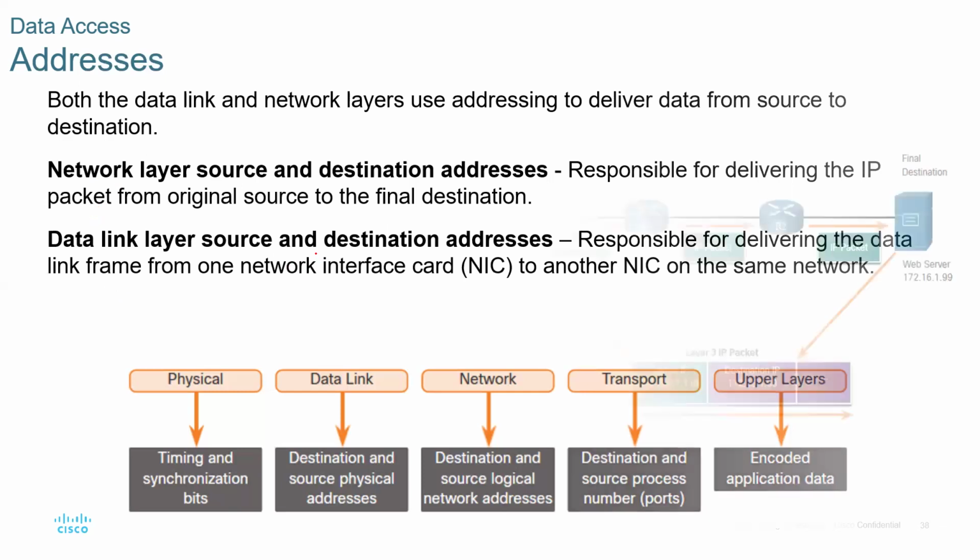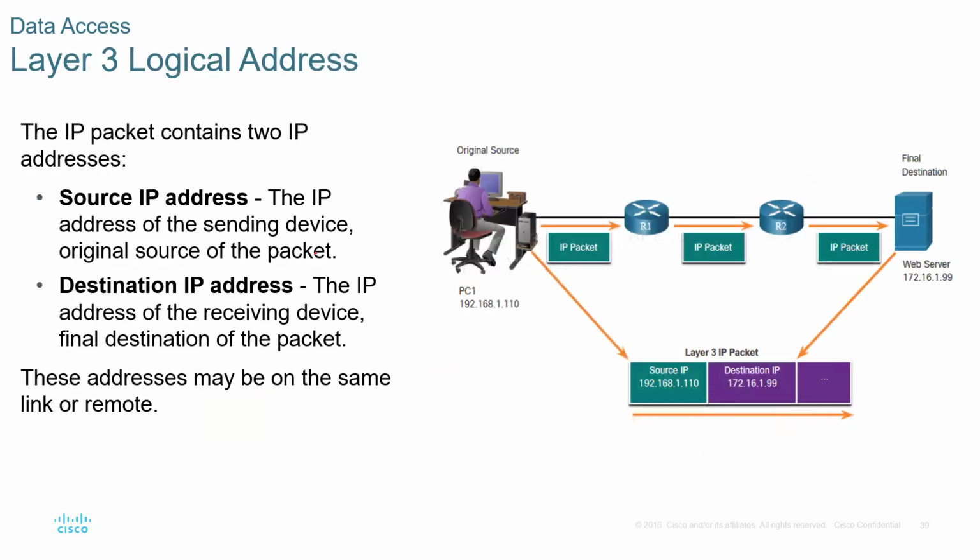So two types of addresses that we mainly have. Layer 3 addresses: we have the source and the destination IP. In this example, the source and the final destination. The source is the one sending the information, identified using this IP address, and the server is identified using that IP address.